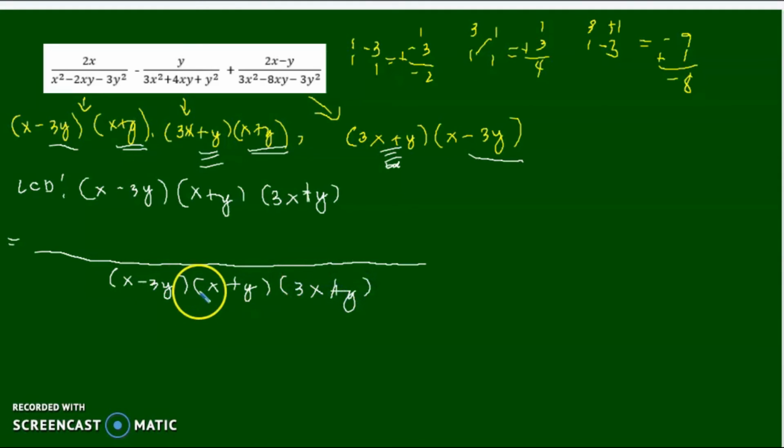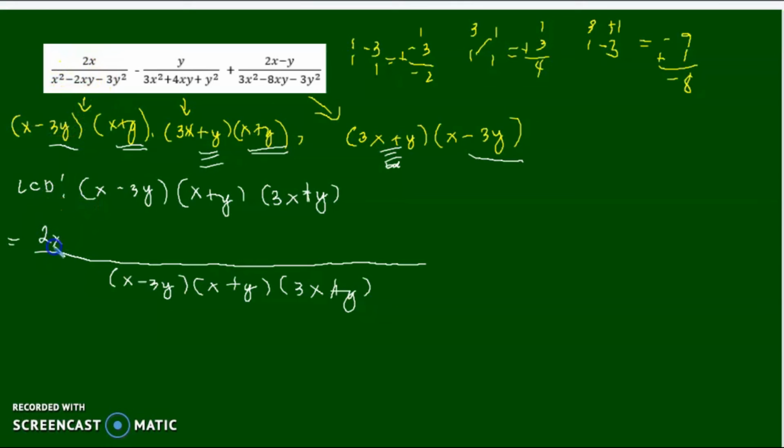Okay, recall: LCD divided by the denominator, and then the quotient will be multiplied by the numerator. Let's do this. LCD divided by the denominator, so these are the factors. Cancel x minus 3y and x plus y. So the quotient is 3x plus y, multiplied to 2x.